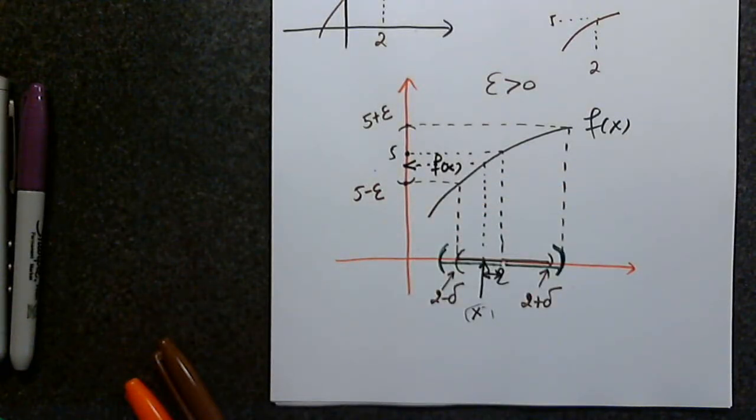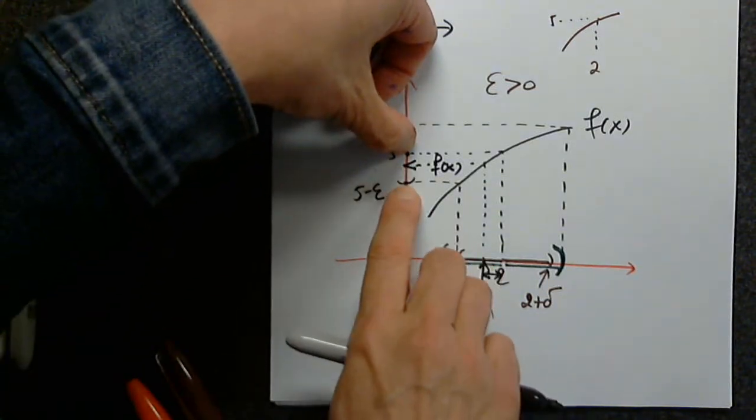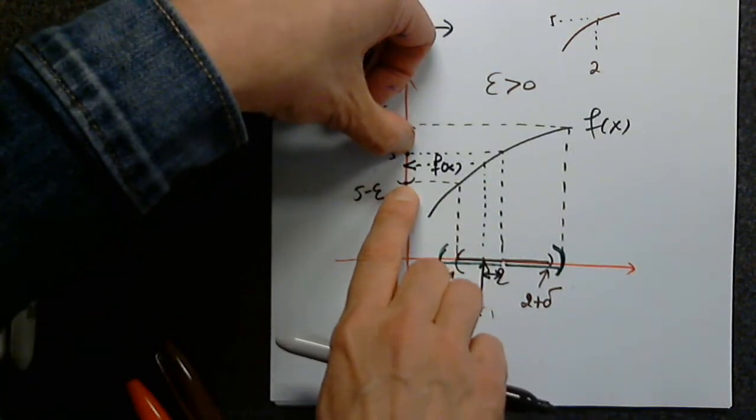Close to 5, smaller than the distance called epsilon.